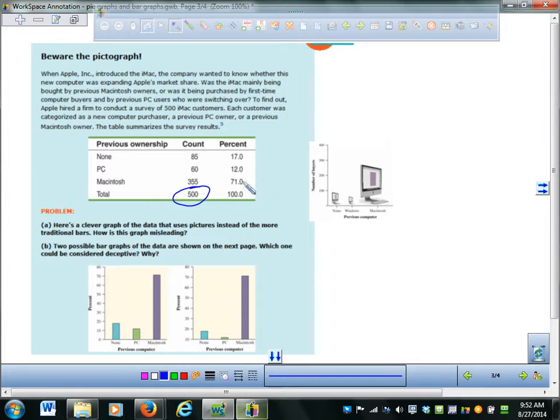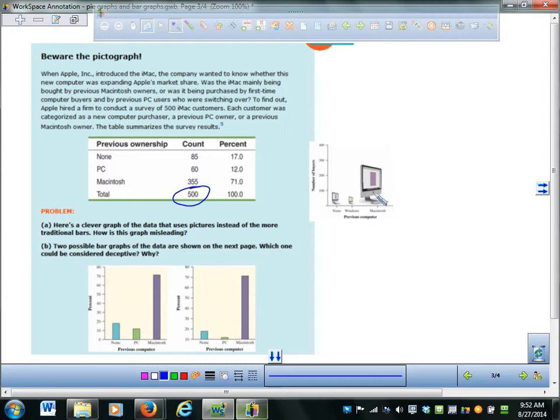You understand what that graph is showing you? Yes? This is 500 people who bought Macintosh computers, okay? But out of those 500 people, 355 owned Macs before, and 60 had owned PCs before, okay?